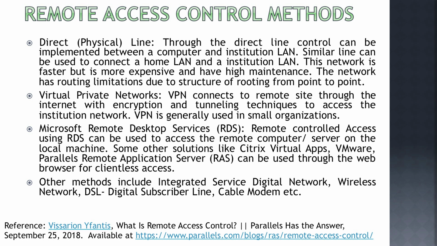Remote controlled access using RDS can be used to access remote computers or servers on the local machine. Some other solutions like Citrix Virtual Apps, VMware, and Parallels Remote Application Server, known as RAS, can be used through a web browser for clientless access.